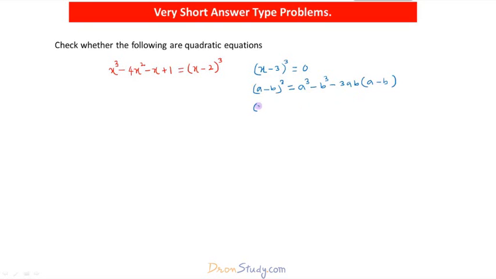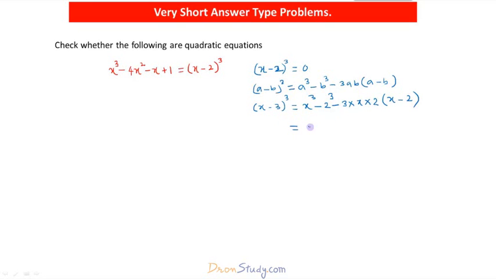So (x minus 2) bracket cube will be equal to a cube, that is x cube, minus b cube, which is 2 cube, minus 3 into a is x into b is 2 into bracket a minus b, that is x minus 2.